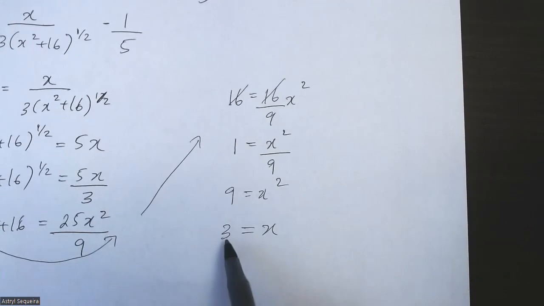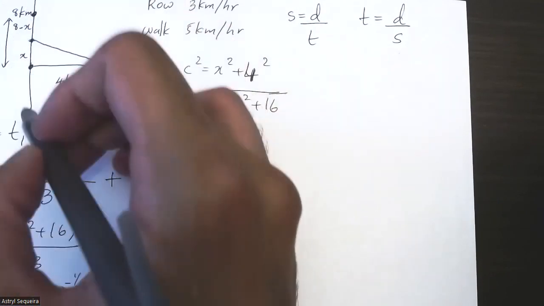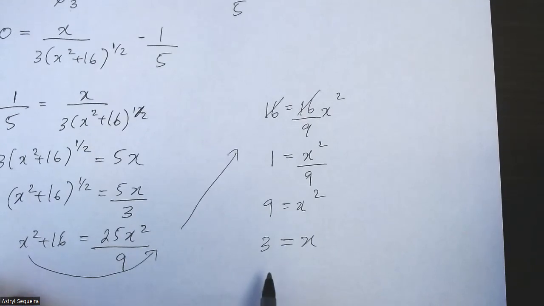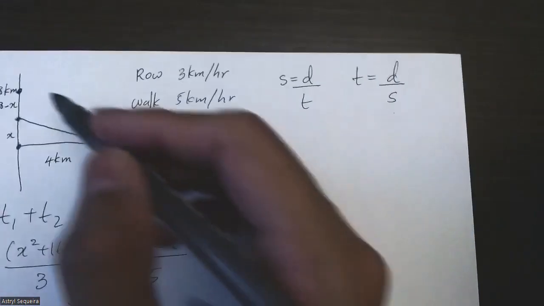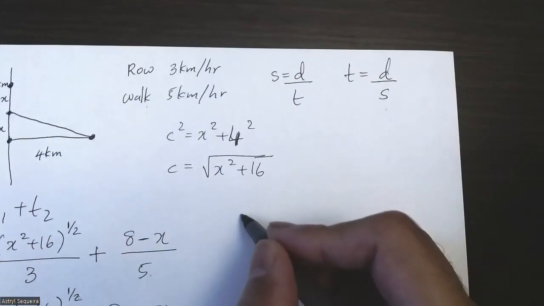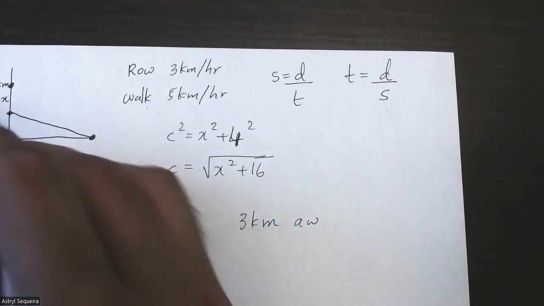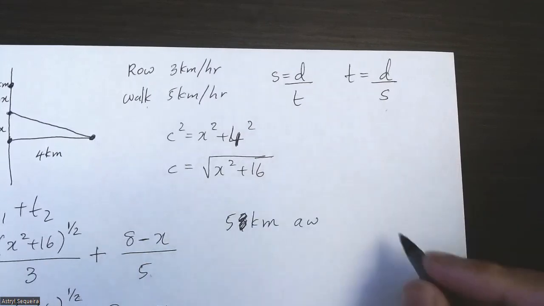I don't have to worry about the negative solution, because the negative solution means he's going to go all the way down here, and we know that's going to be a longer time. So you only have to worry about the positive solution in this question, which is 3. So basically, we know he has to land 3 kilometers away, or actually 5 kilometers away from the store, because 8 minus 3 is 5.